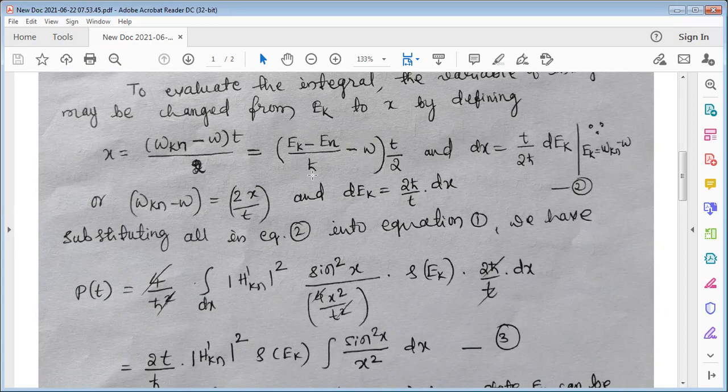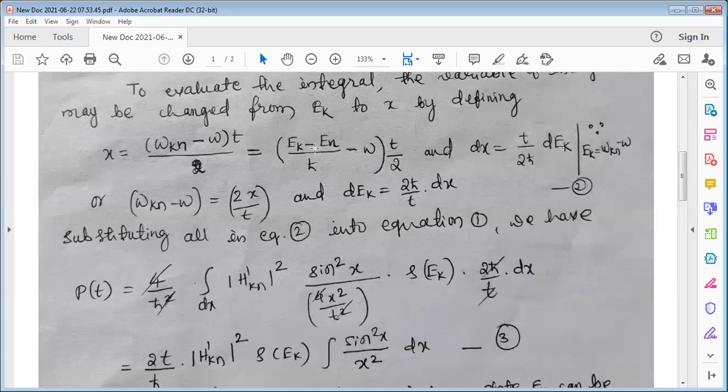So this term is expanded into t divided by 2, or dx is equal to t divided by 2 h cross into dEk.